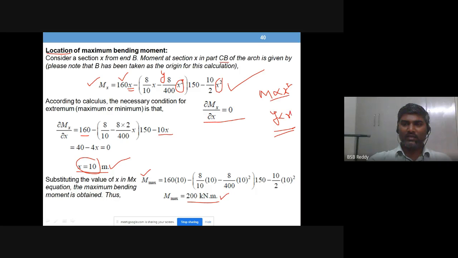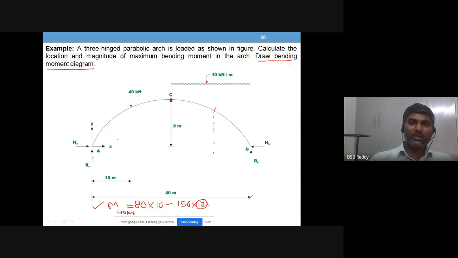With that conclusion, the bending moment is always proportional to x square, so parabolic in nature. That's why you should be drawing the two parabolic portions in AC and BC.